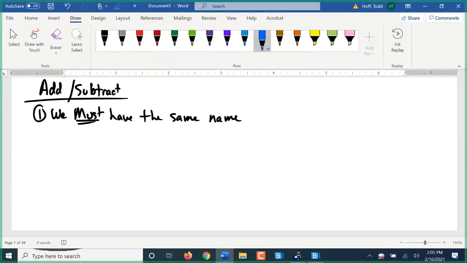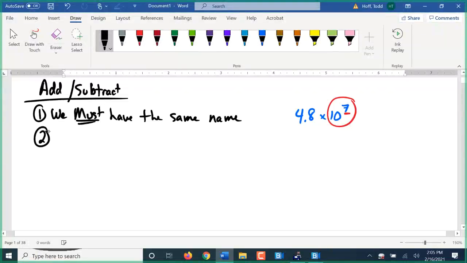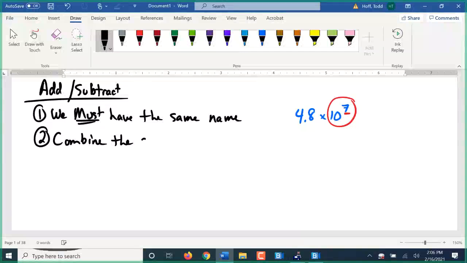In whole numbers, that was lining up the place values. Decimals, that was lining up the decimal points, in other words, lining up the place values. In a scientific notation number, like 4.8 times 10 to the 7th, the part that signifies a place value or a name is the power of 10. That 10 to the 7th is actually the 10 millions place. So then once we have that same name, we combine the counts, and we keep the same name.